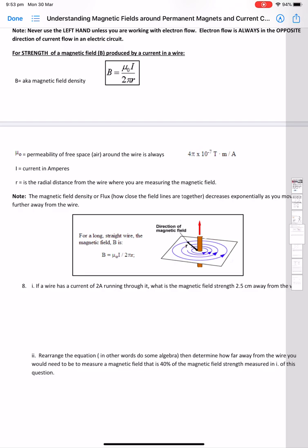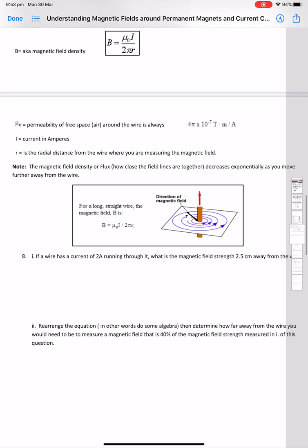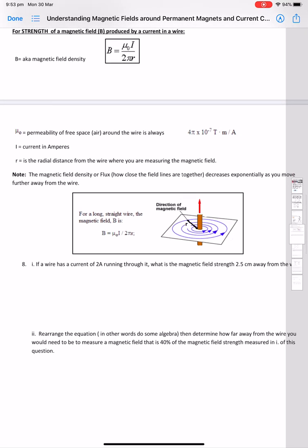All right, and I, of course, is your electric current, which is going to be in amps as your units. And I'm certain everybody knows what that is. It's the radial distance from the wire to the point where you're trying to calculate your magnetic field.